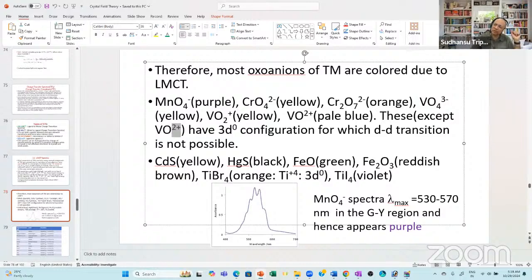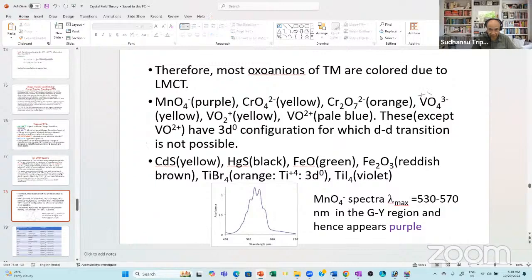VO2 plus, vanadium is in plus 4 oxidation state. So it is still D1 configuration. But VO2 single plus, that is D0. Chromium is plus 6, D0. In both chromate and dichromate, it is plus 6. And vanadium in vanadate ion is plus 5, D0. This is plus 6, plus 6. And this is plus 7, D0.